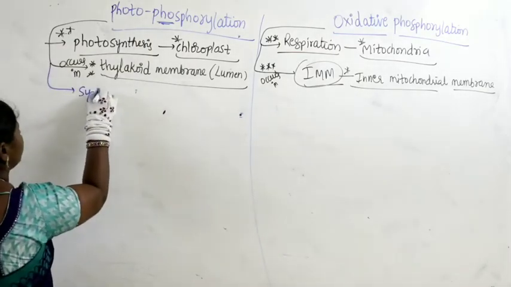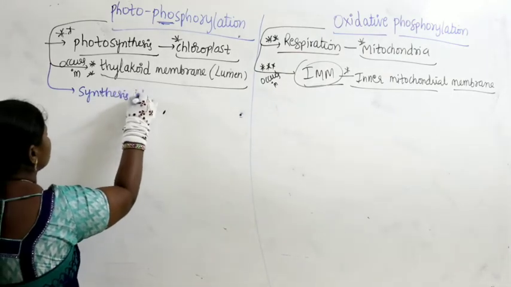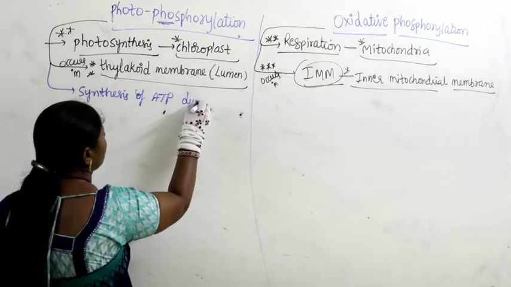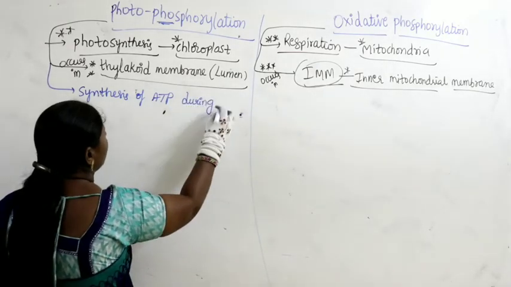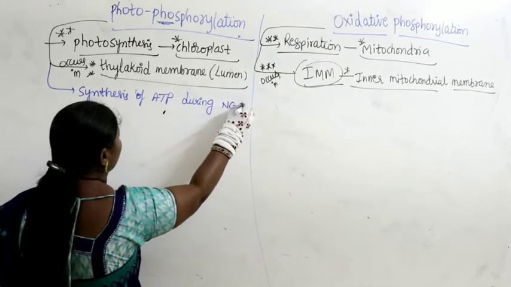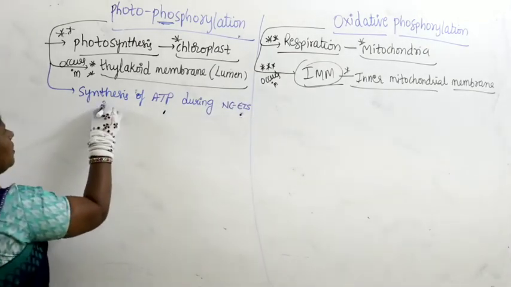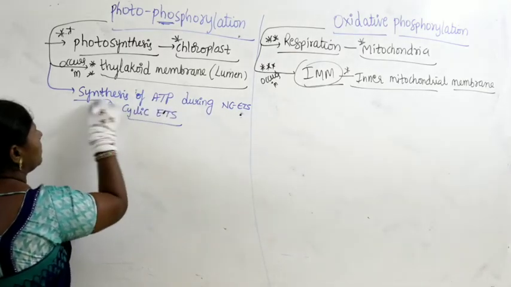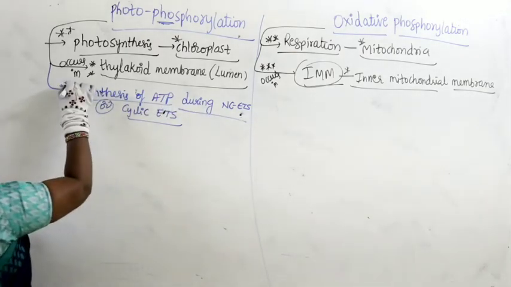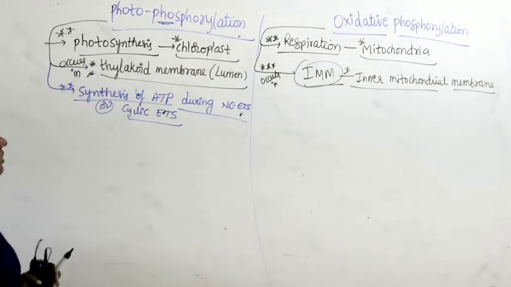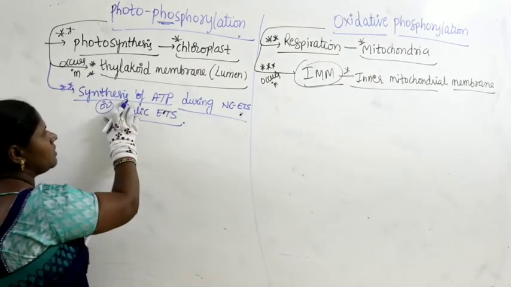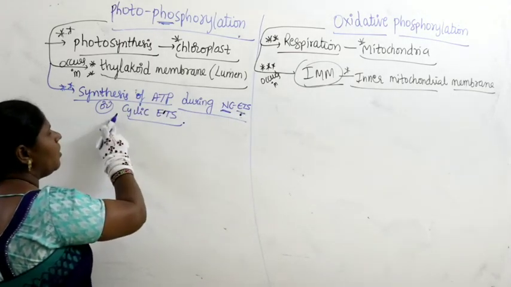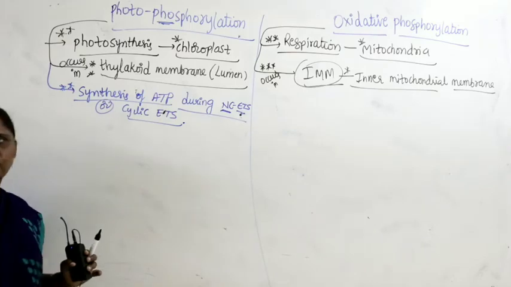It is a process of synthesis of ATP during a non-cyclic electron transport system or a cyclic electron transport system. It is called photophosphorylation.